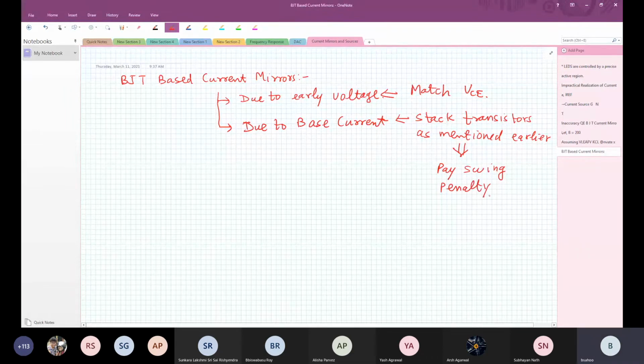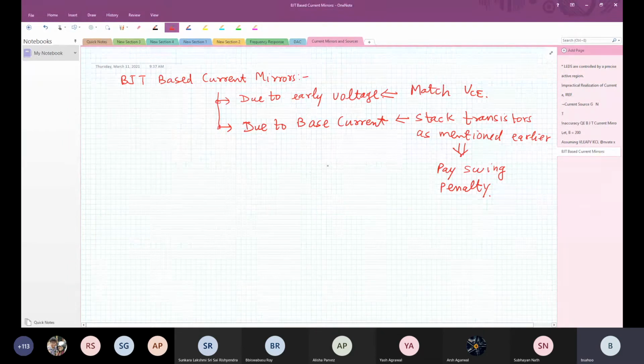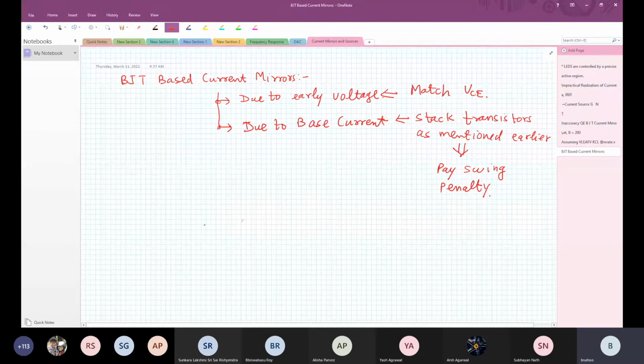Now, we have figured out how to match the current mirrors, the accuracy. Now we have to increase the output impedance. How can we increase the output impedance? You have studied already that output impedance increases if I start stacking transistors. This is another form of stacking.